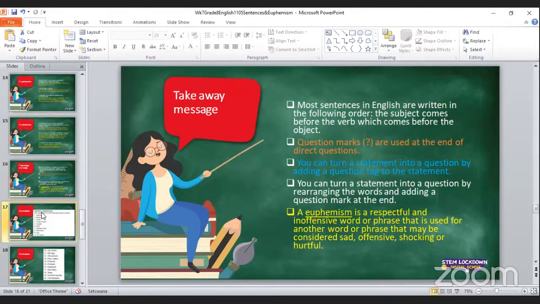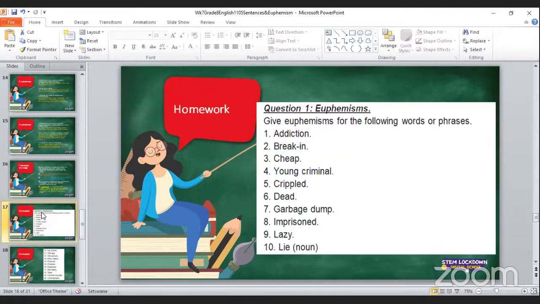Then there is homework for you on euphemisms. So I gave you 20 euphemisms. There is the first 10. Here you have to give euphemisms for the following words or phrases. Please take a screenshot of the homework so you may be able to do it.